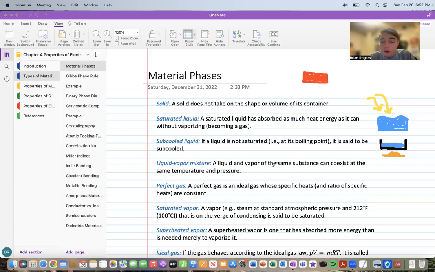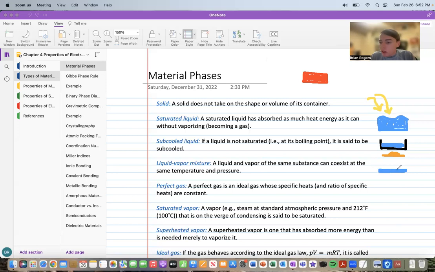Then the next term is a liquid vapor mixture. A liquid vapor mixture is a liquid and vapor of the same substance that coexist at the same temperature or pressure. So this could be, let's say that we have our water and some of it is in the liquid form right now.